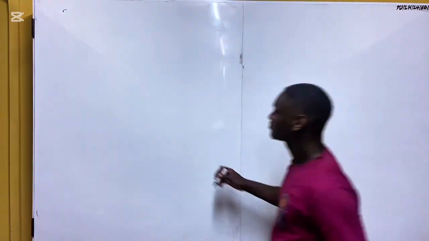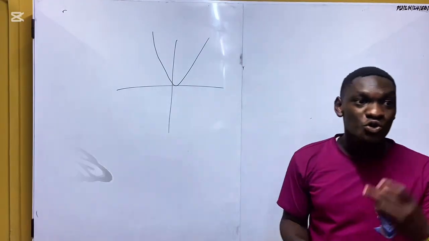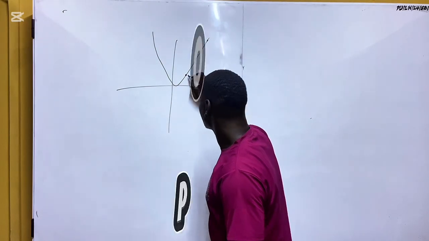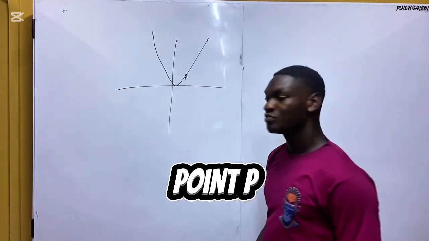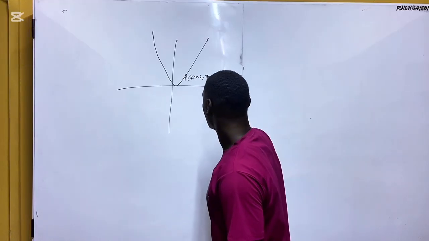Let's try something else. Let's try the triangle thing again, but this time around, we choose two different points. So let's see a point here and a point here. There's the point where we're going to find the gradient, so P, which is x, f of x.